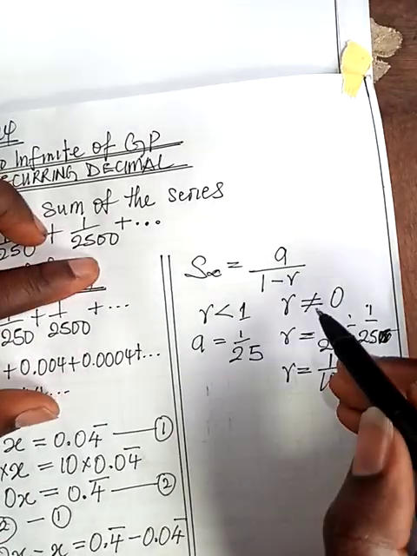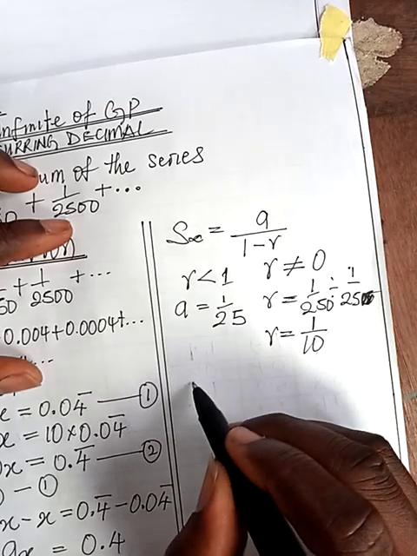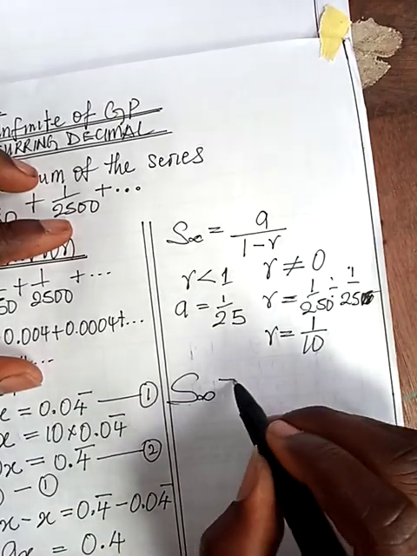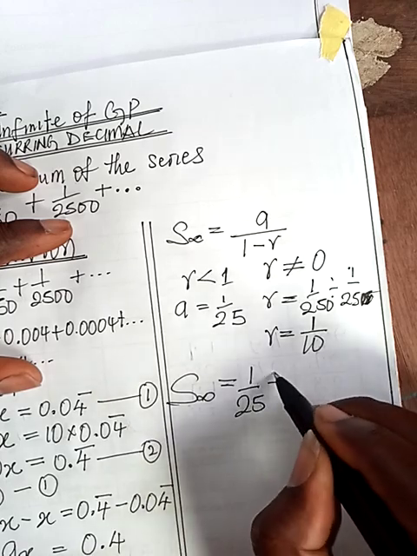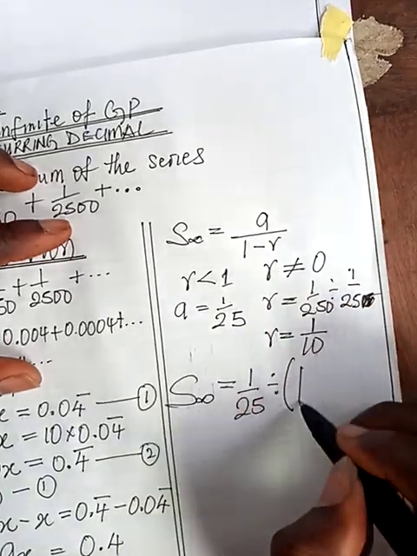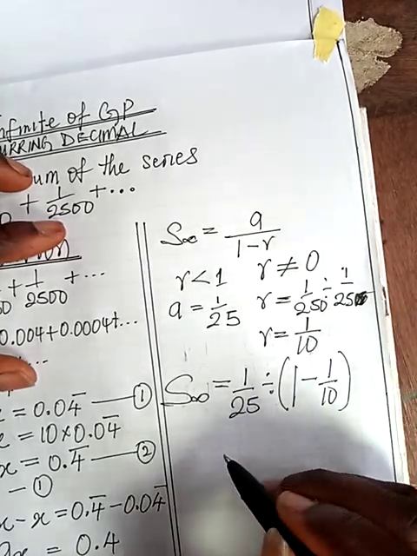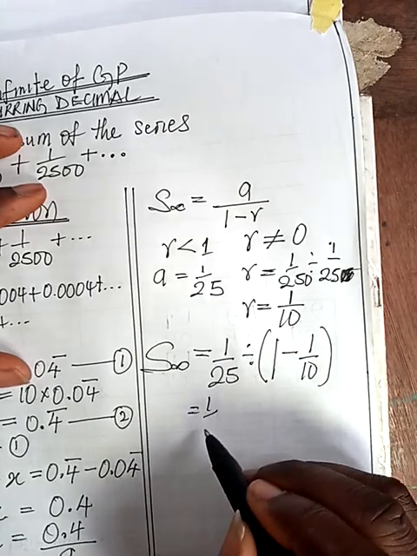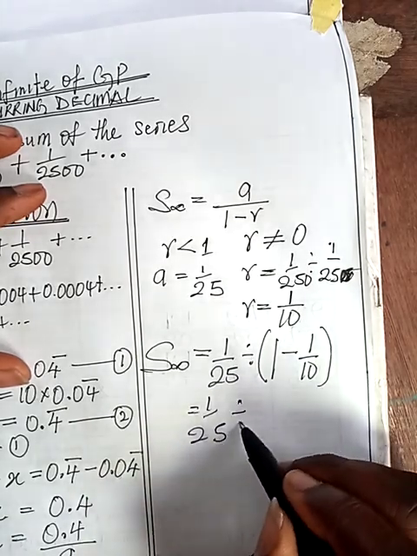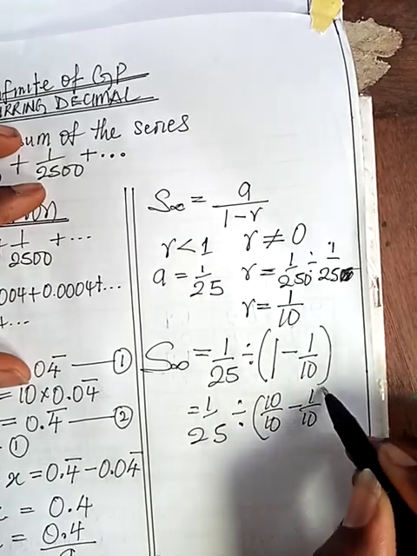Now if I substitute this here, I will have my a, the first term, 1 over 25 divided by, open a bracket, 1 minus my r, which is 1 over 10. This will give me 1 over 25 divided by 10 over 10 minus 1 over 10.